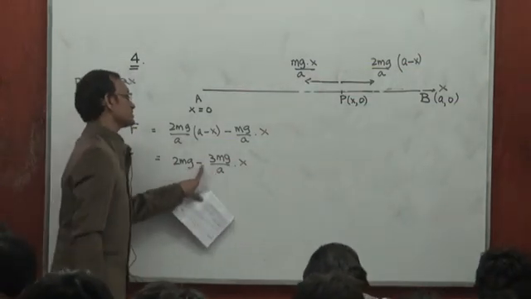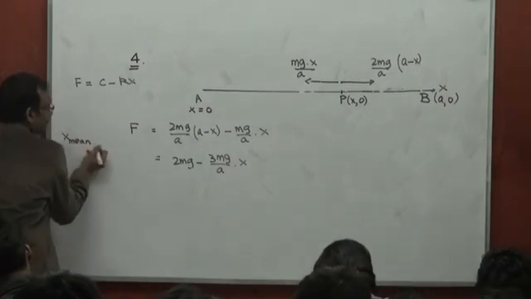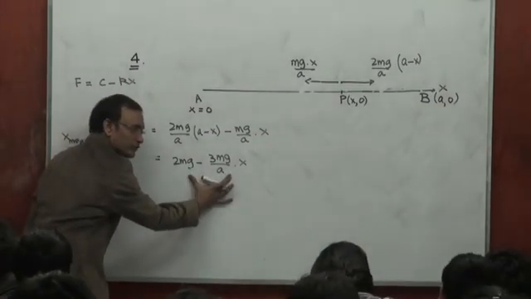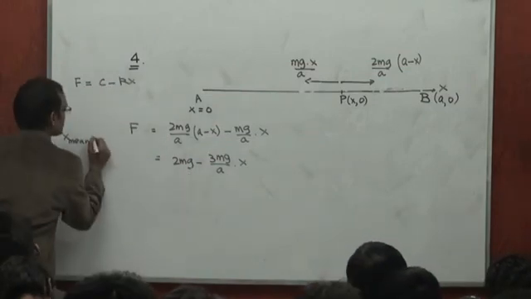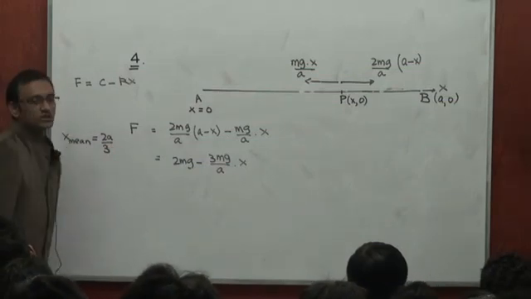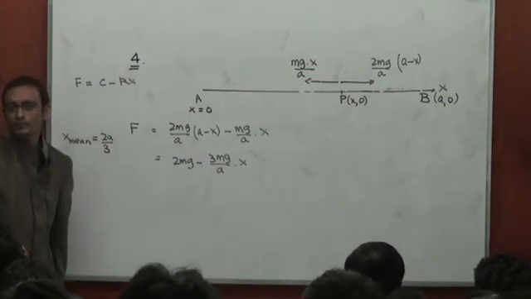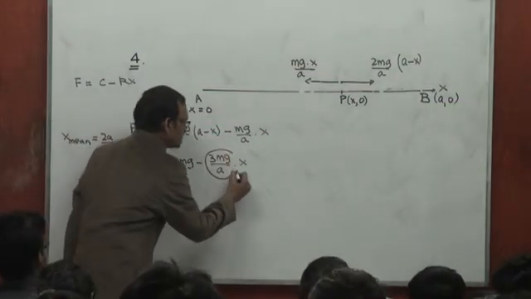With the mean position now, x mean would be the value of x for which this becomes 0. So its mean position is going to be x equal to 2a by 3. The force constant for the oscillator is going to be 3mg by a.